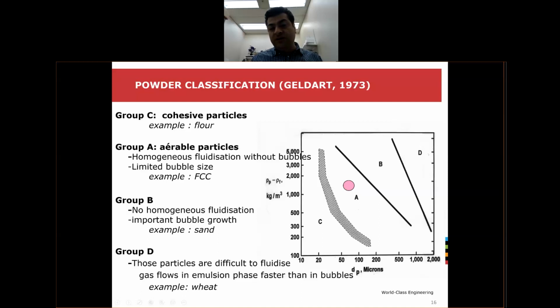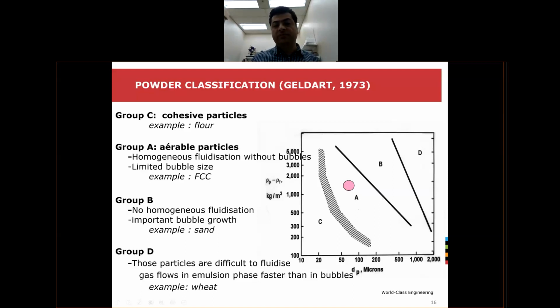And group D particles, if you look at this region, usually have size more than 1000 micron or 1 millimeter, and density is usually more than 2000. So in this region, you can really identify the impact of specific particle density and particle size on classification of the particles.